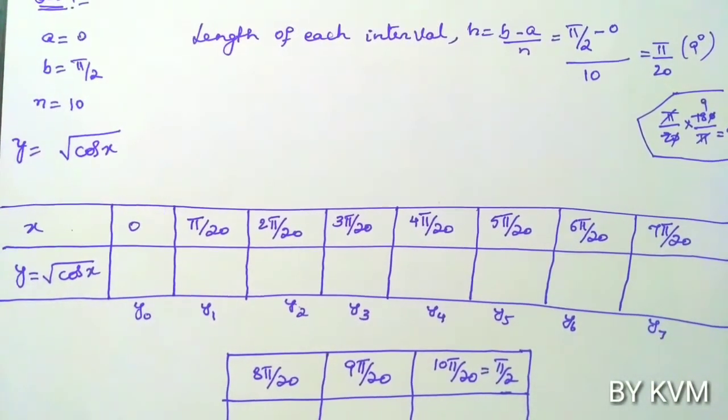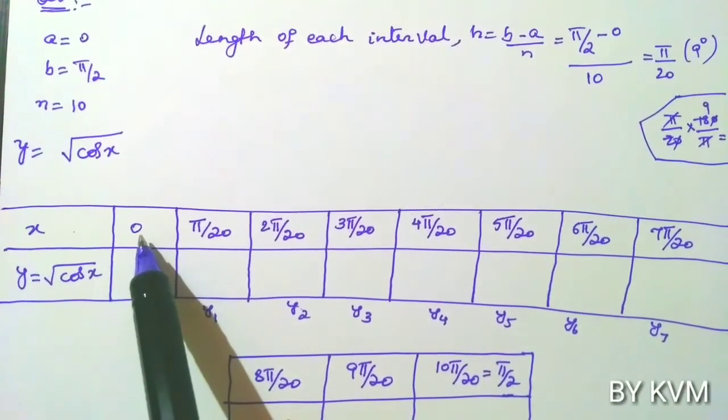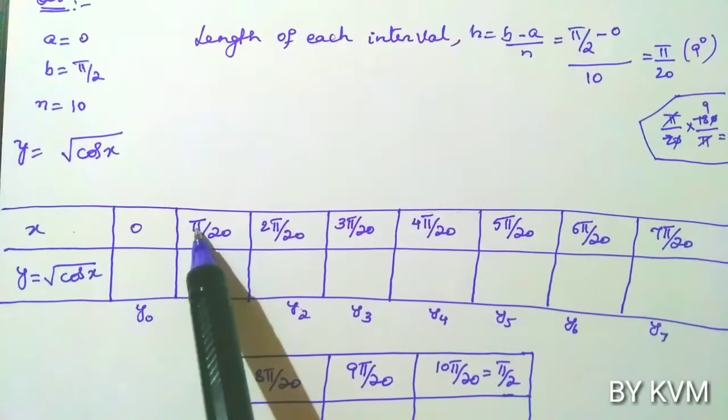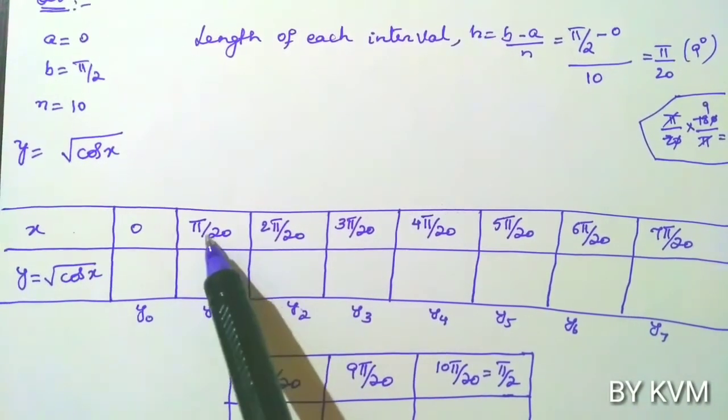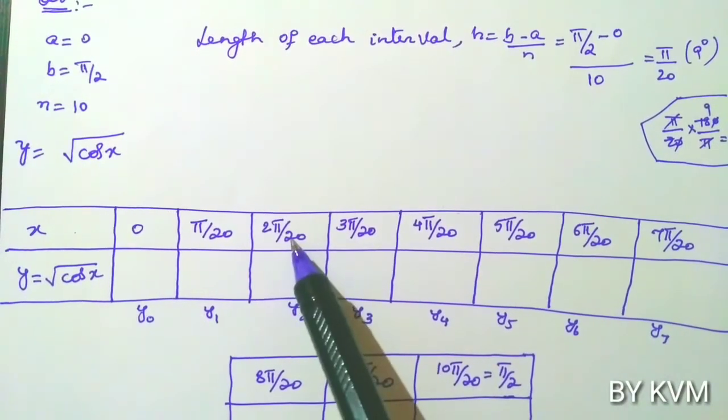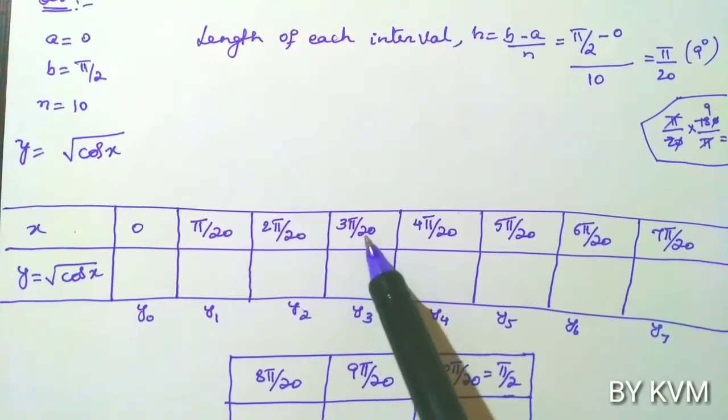Starting from 0, go on adding pi by 20. So 0 plus pi by 20 is pi by 20. Pi by 20 plus pi by 20, 2 pi by 20. 2 pi by 20 plus pi by 20, 3 pi by 20.